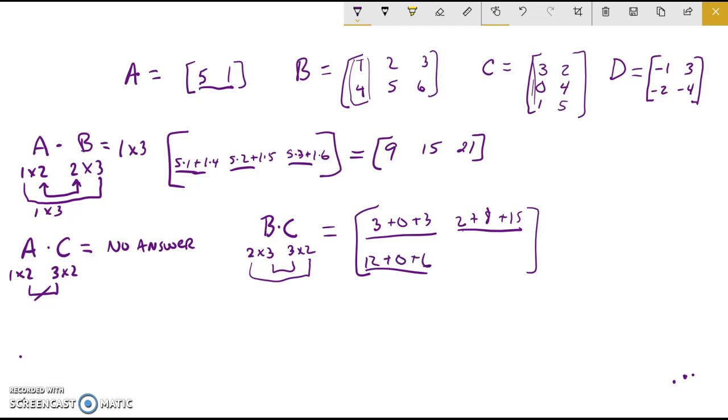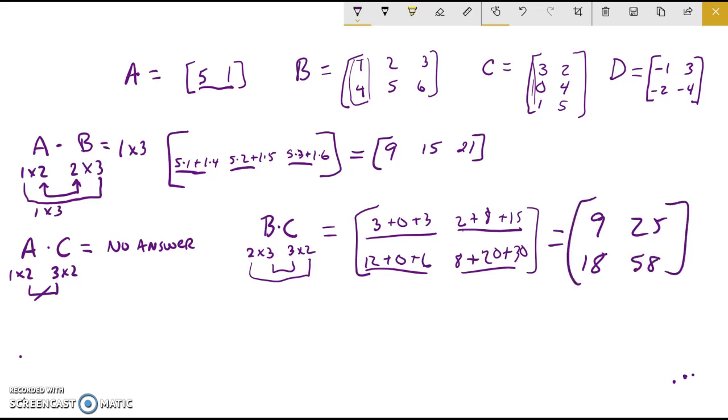Notice we're in the bottom row this time because we're in the bottom row of our answer matrix. And then finally, bottom row times right column, 4 times 2, 5 times 4, and 6 times 5. So in the end for that one, we end up with 9 and 25 and 18 and 58. Like that.